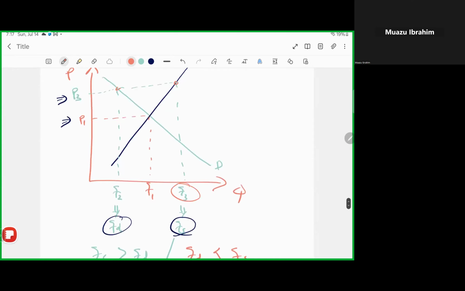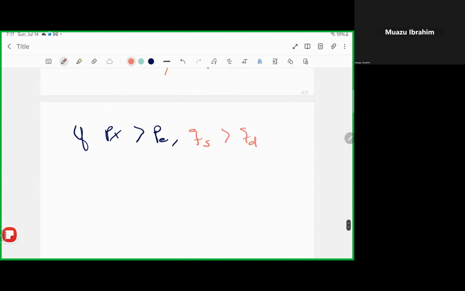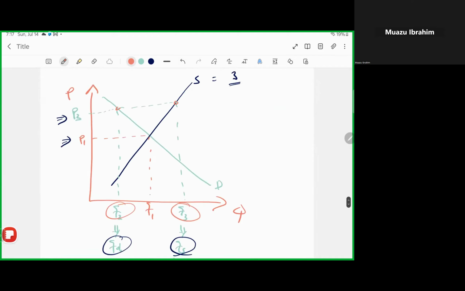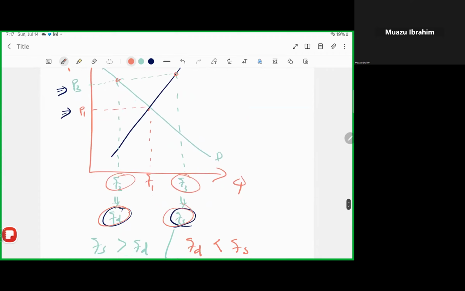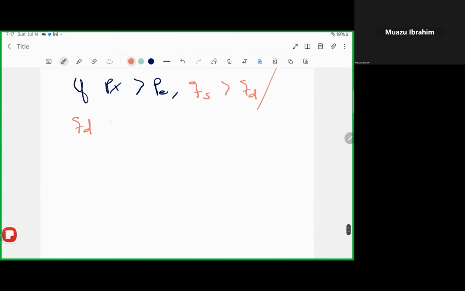Or the quantity demanded would be less than the quantity supplied. I'm just giving you the other alternative. So quantity demanded will be less than quantity supplied.